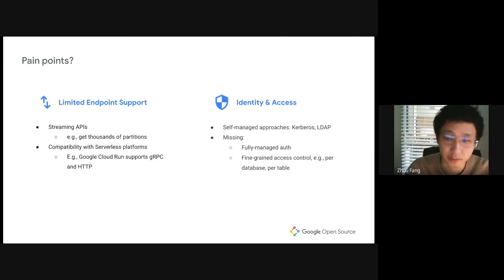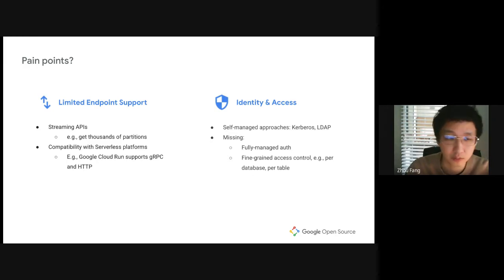There is another limitation from the identity and access aspect. Today, Thrift does not have an integrated solution for authorization and authentication. It asks the users to use self-managed approaches, for example, Kerberos and LDAP.